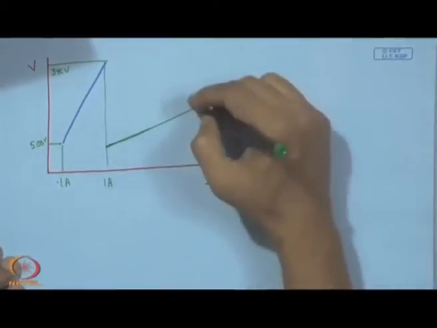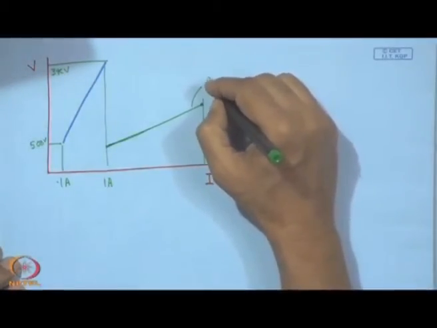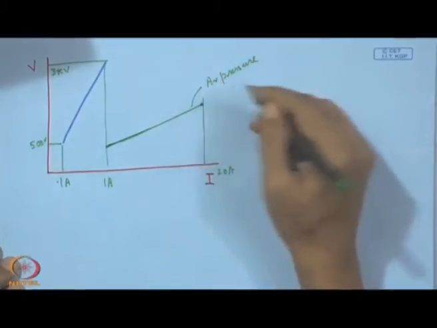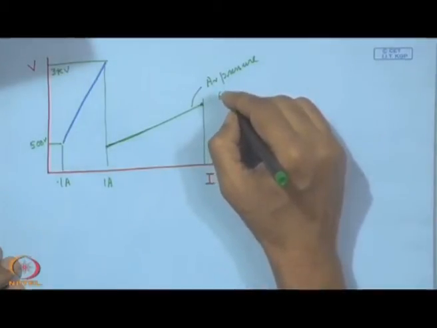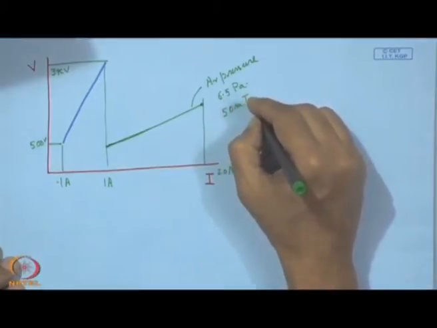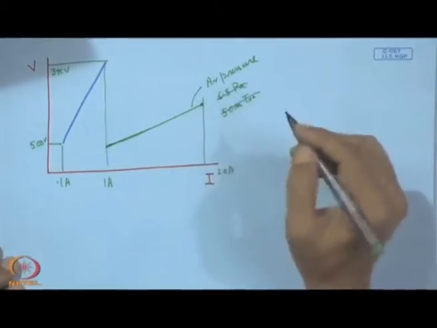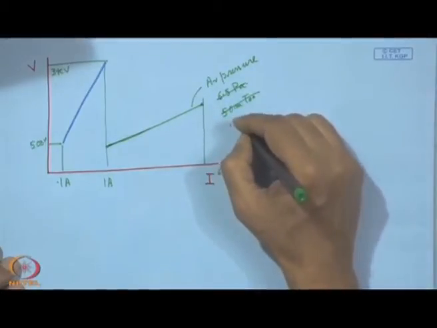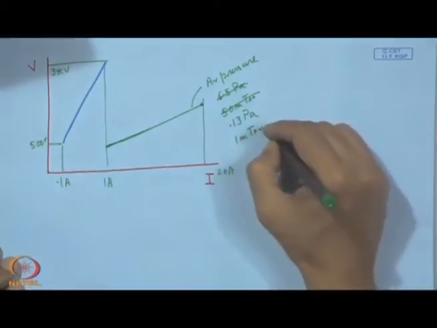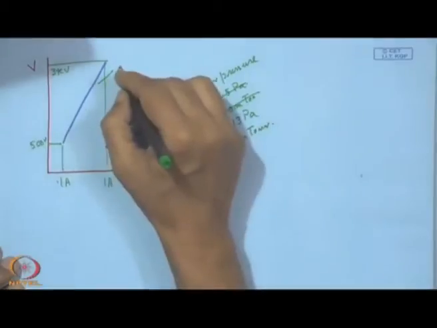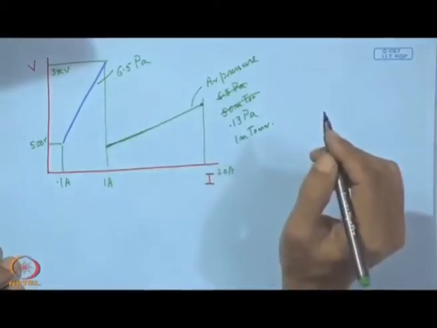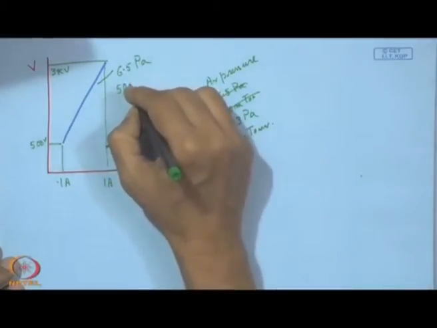We must mention here what was the argon pressure. In this case, by way of illustration, this is 6.5 Pa, which gives us 50 millitorr, and this is actually 0.3 Pa, that means 1 millitorr. This blue line is 6.5 Pa, actually 50 millitorr.